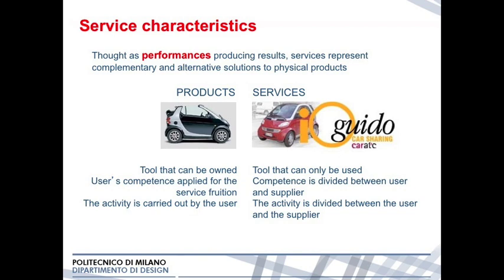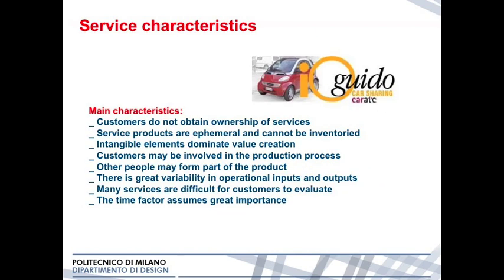But there are differences, because if I have a car on my own, I own the product, I have my own competency applied to the service fruition, so it means that I have to have a driving license and I need to carry out the activity on my own. While if we design a car sharing or a taxi company or a service provision, this changes. The competence, the activity is divided and the tool can only be accessed.